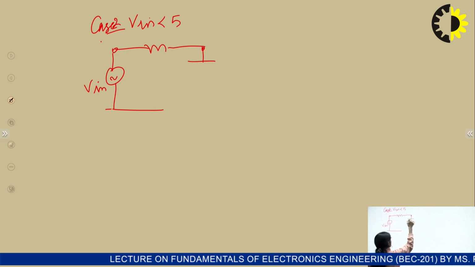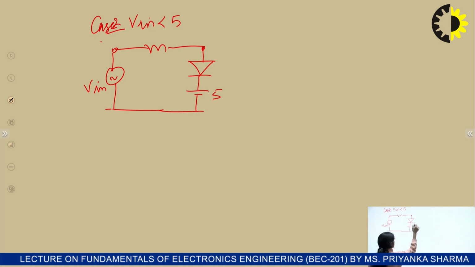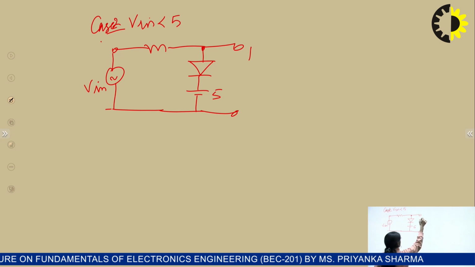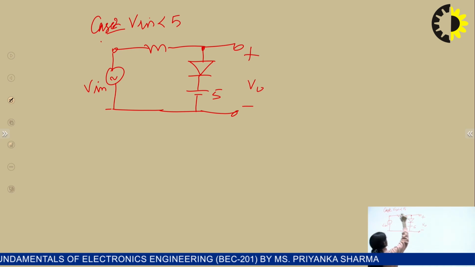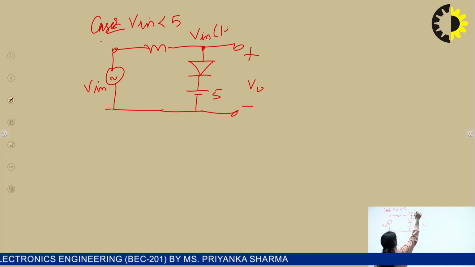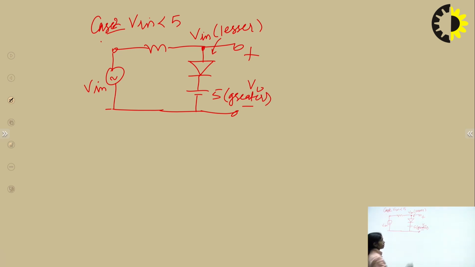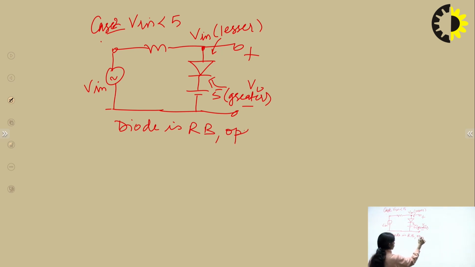In this arrangement, we can say since Vin is lesser, that means Vin is at lesser potential and 5 is at greater potential. Now if lesser potential is connected to positive and greater potential is connected to negative, in this arrangement diode is said to be reverse bias and becomes open circuit.